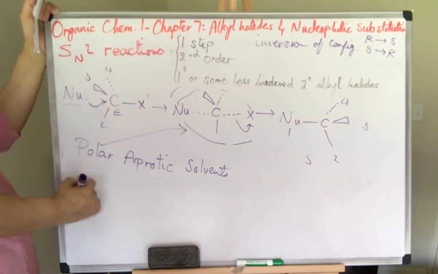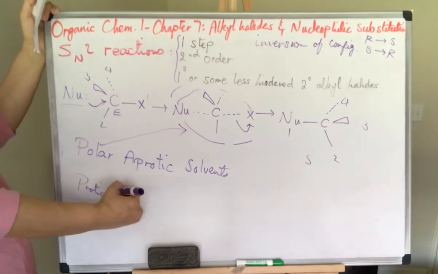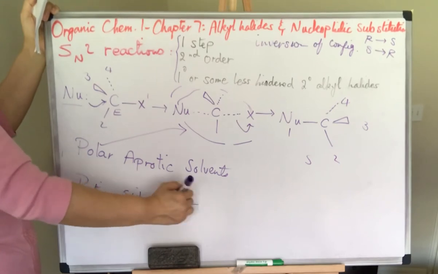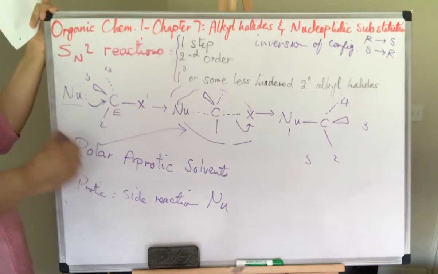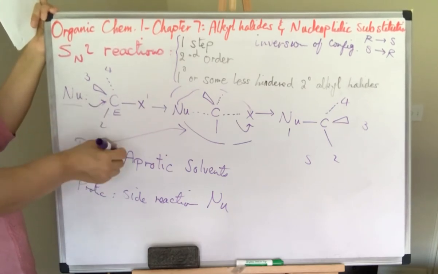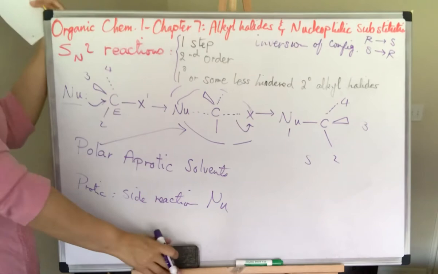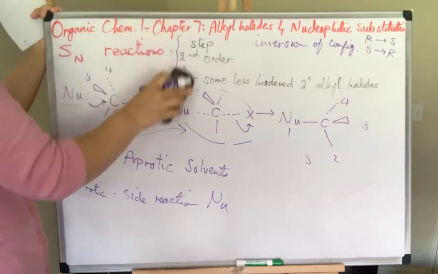But if you have a protic solvent, it might have a side reaction with the nucleophile, so it's going to interfere. If you have a protic solvent with a hydrogen, it's going to react with your nucleophile instead of letting the nucleophile do its job. So aprotic solvents, but polar, are better for SN2 reactions. So these are the facts about SN2 reaction. Let's talk about SN1.